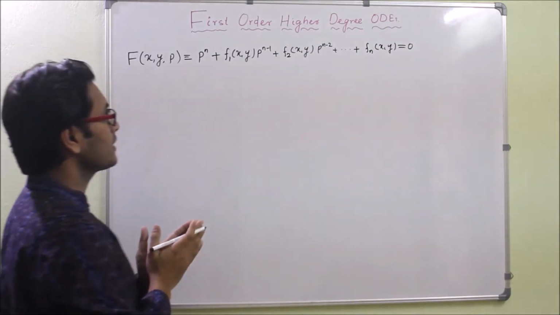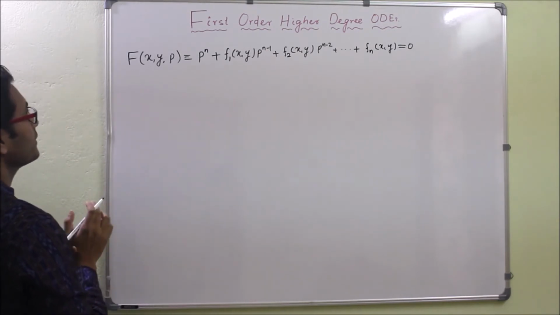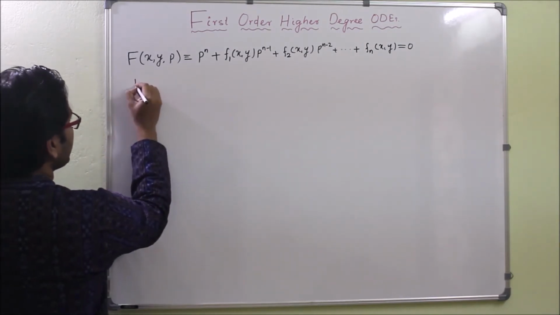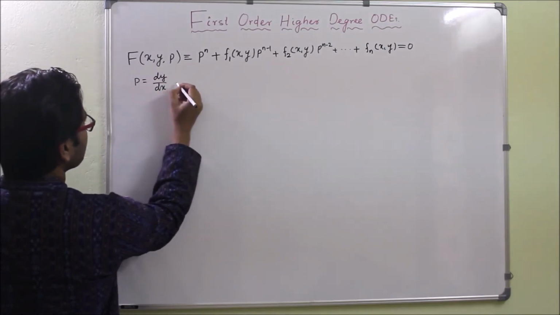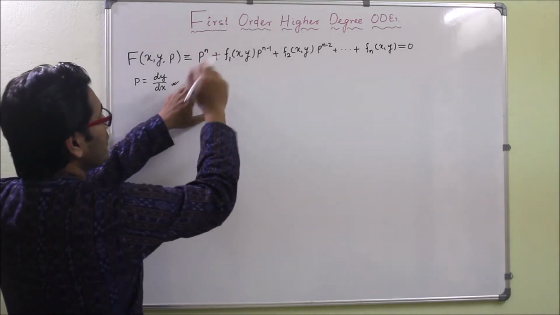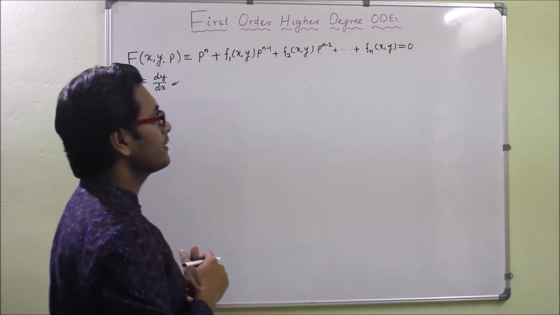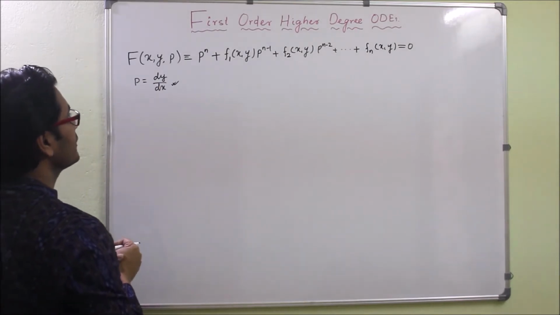So this is the standard equation of first order higher degree ODE. Now what is p? So p is nothing but dy by dx. As we see here p to the power n is there, so nth order. So this is the general form of this first order higher degree ODE.